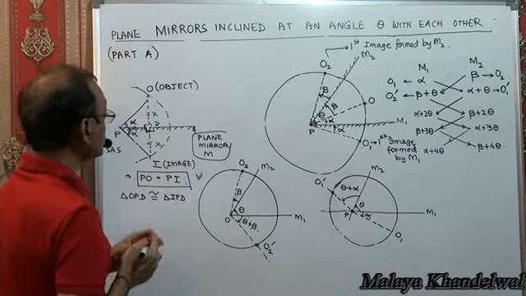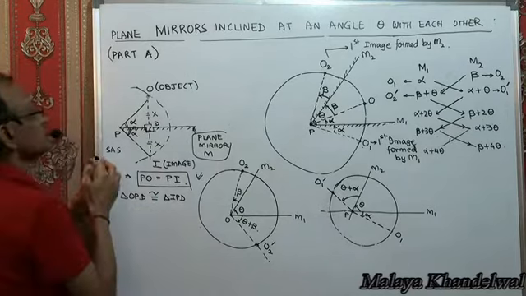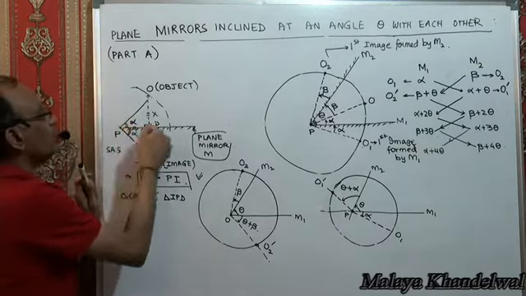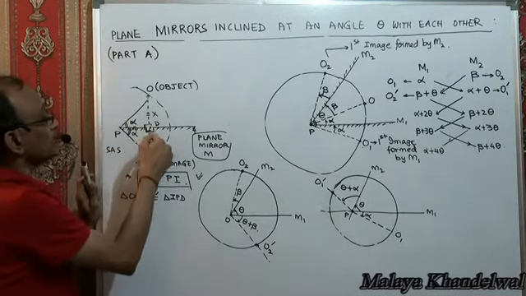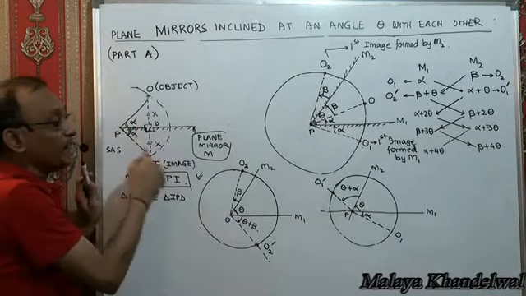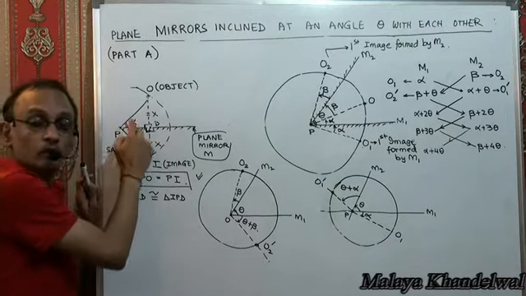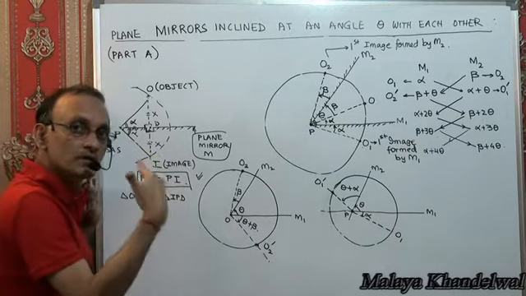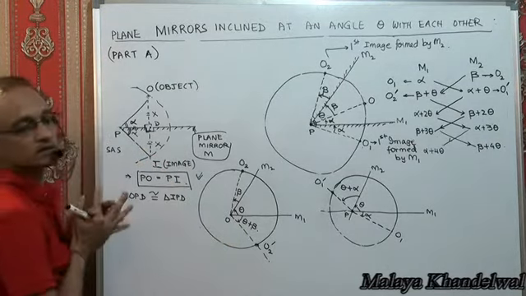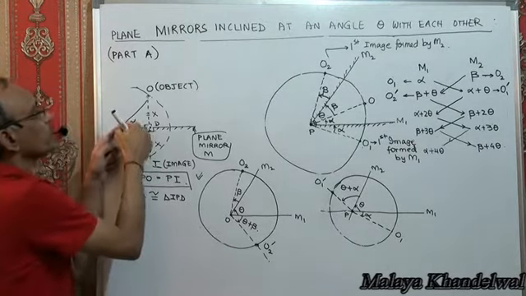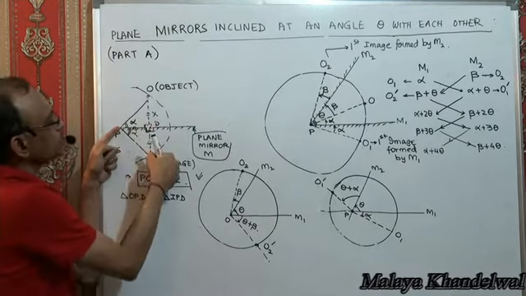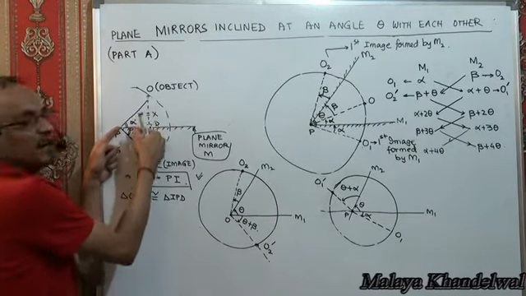Right? Also notice that if angle OPD is alpha, angle DPI will also be alpha. These two angles will be equal, corresponding parts of congruent triangles. So the lines joining P to O and P to I will be equally inclined with the mirror.